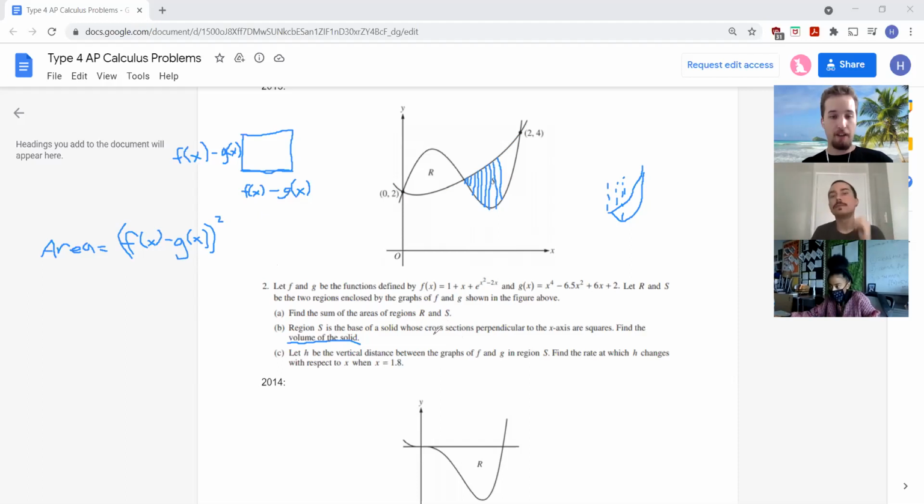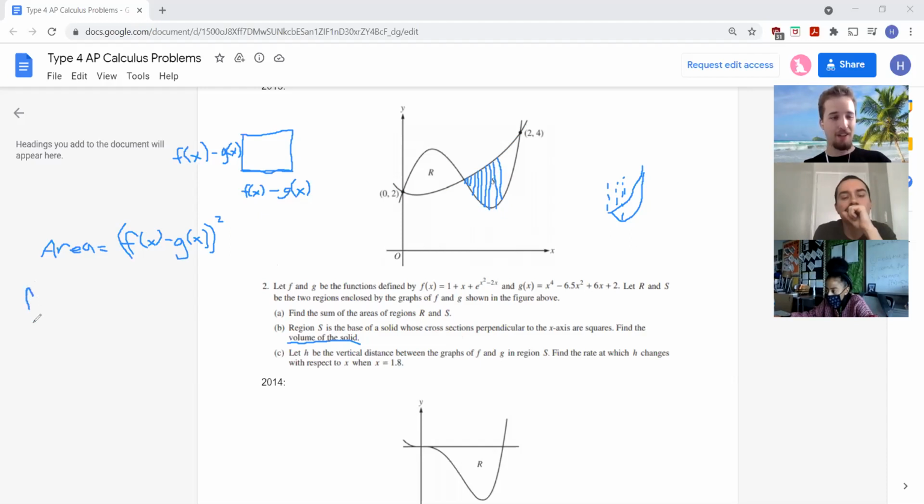So instead of adding rectangles, we are adding squares, where each side is the difference between f of x and g of x.